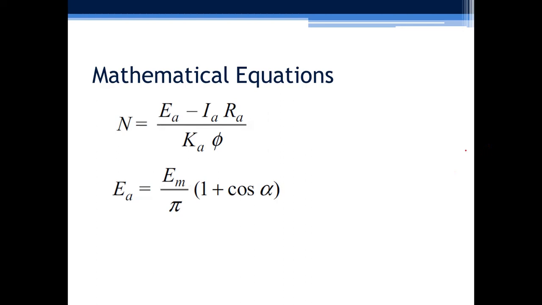Now let us go through some mathematical equations. Here speed of this motor N is proportional to the armature voltage, EA minus IaRa, upon K into phi, where if we neglect the IaRa loss, we can drop this. So we can simply say that speed will be proportional to EA and inversely proportional to flux phi.